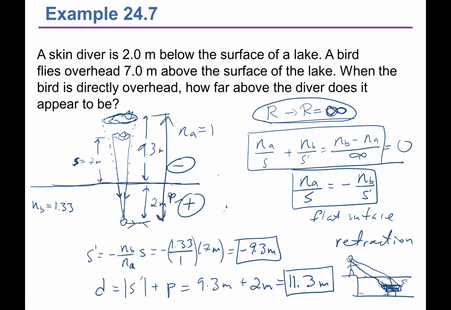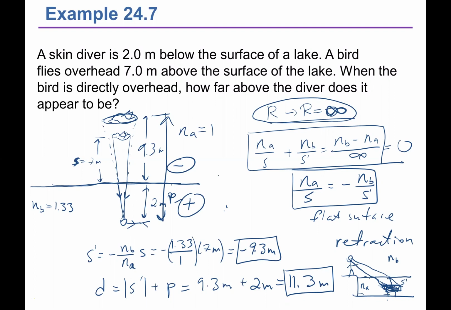The bird image is 9.3 meters compared to the object, which is only 7 meters. That means the image is further away from the surface in this case. But here, remember, our NA will be water and NB will be air, because the object here is in water. So if you go again from higher index of refraction to lower index of refraction, the image will be formed closer to the surface.